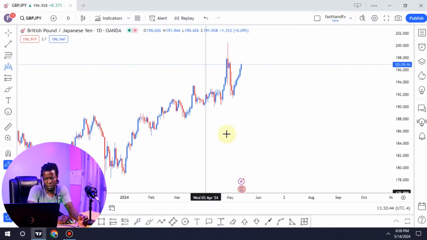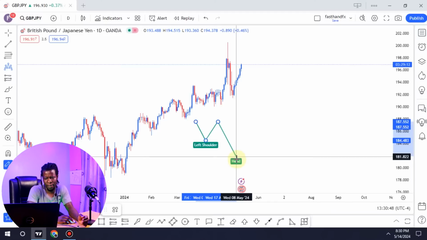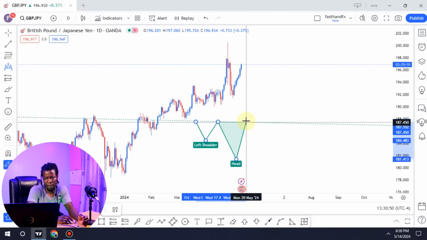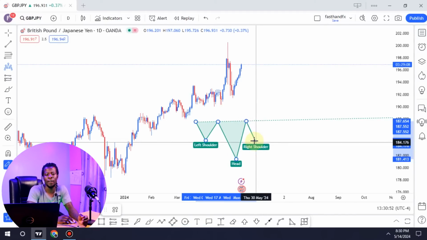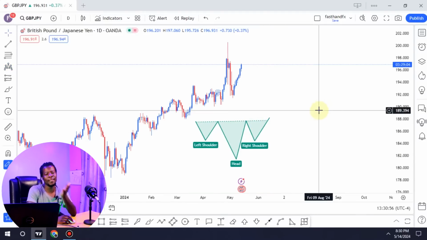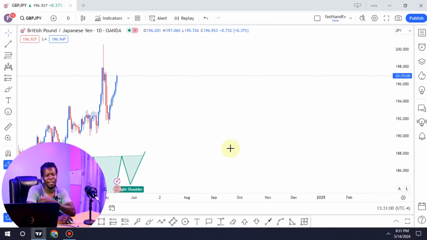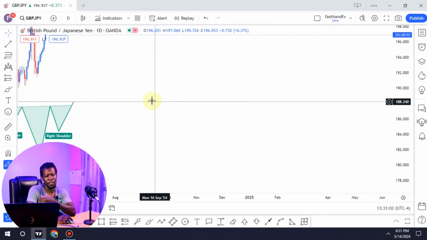Let's use the left shoulder, neckline, the head, neckline, right shoulder, neckline. Now when you see this kind of pattern, guys, I do recommend that you just hide the left shoulder.